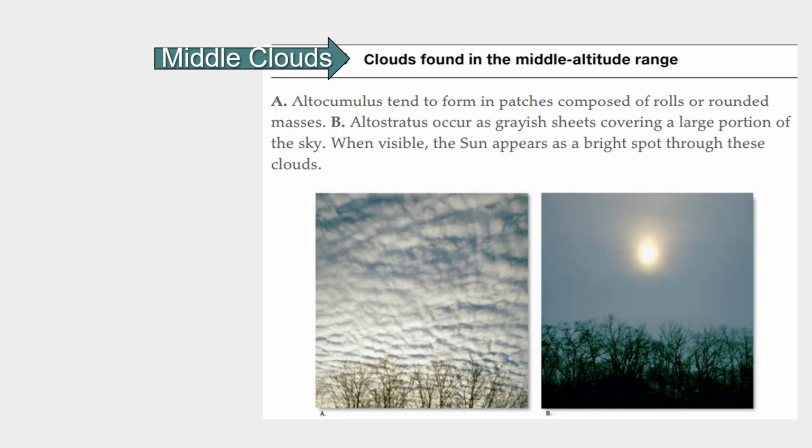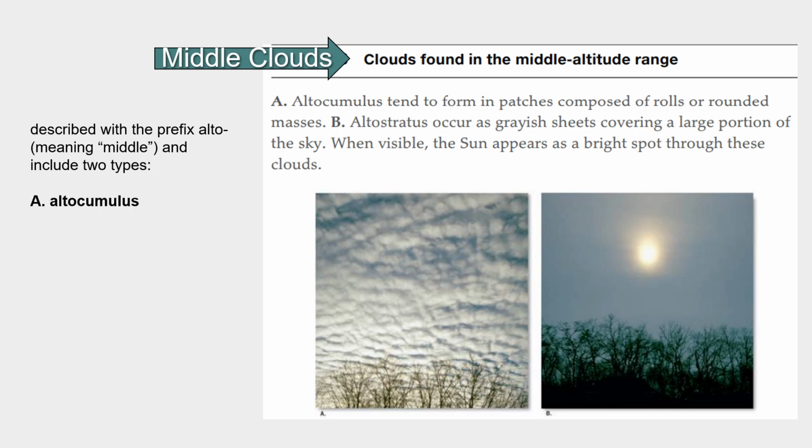Next are the middle clouds. These are found in the middle altitude range, which is why they're called middle clouds, and they are described with the prefix alto, meaning middle. This includes the altocumulus, which is in the first picture. It tends to form in patches composed of rolls or rounded masses.